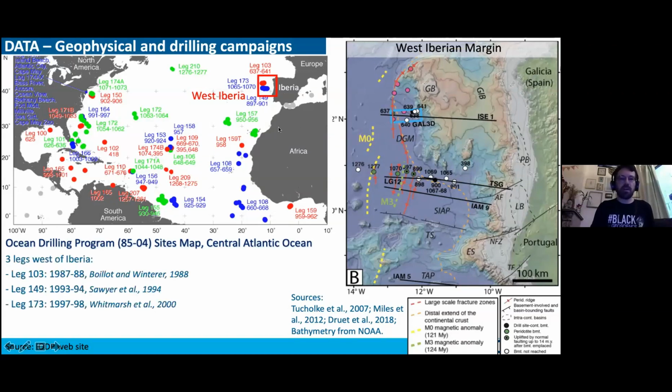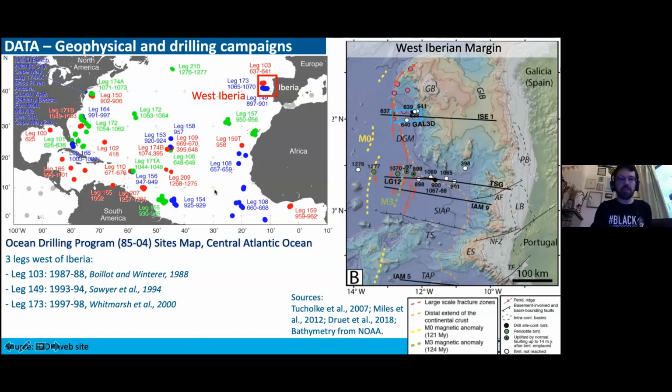Some of those data have supported 3 legs of the Ocean Drilling Program, so that was the ancestor of the current international IODP program. And so those data supported 3 legs, one in 87 at the Galicia margin, and 2 in 93 and 97 at the southern Iberian Abyssal Plain.